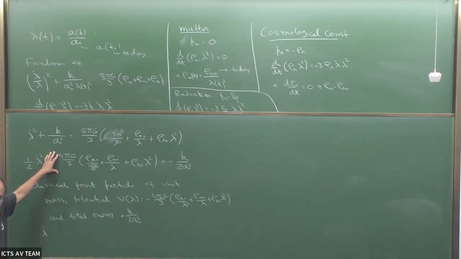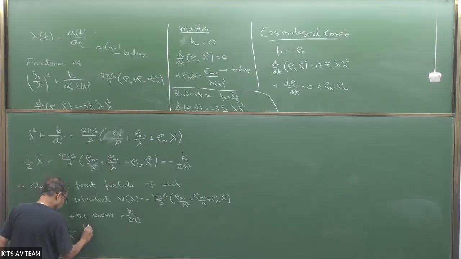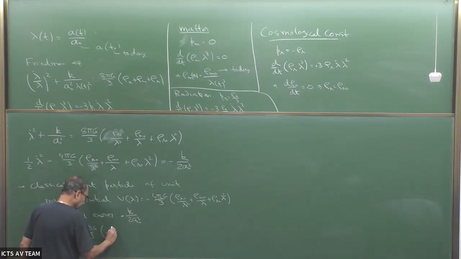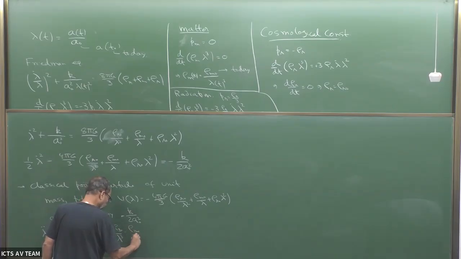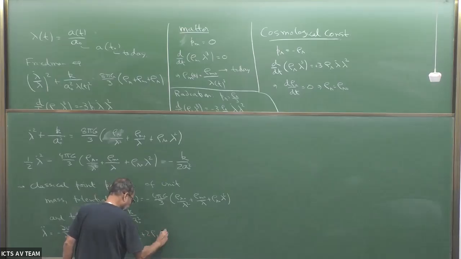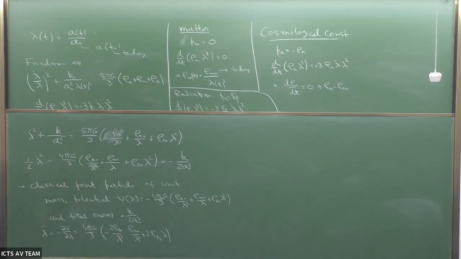But just from this classical analogy, we see lambda double dot is equal to minus del V del lambda, which should be 4 pi G over 3 times minus 2 rho r naught over lambda cube minus rho m naught over lambda square plus 2 rho lambda naught lambda. Right?